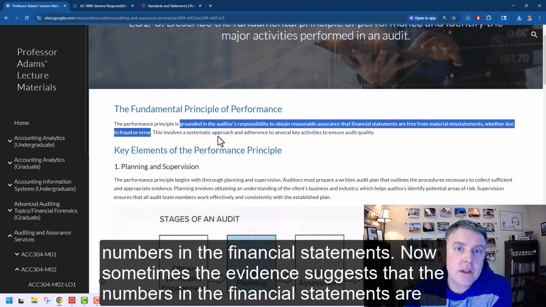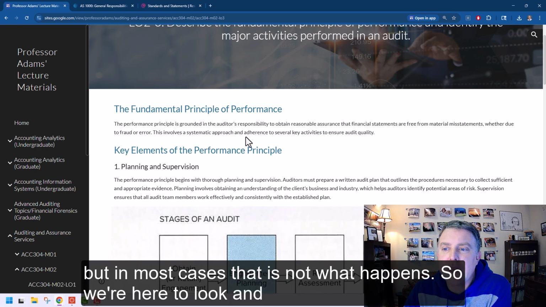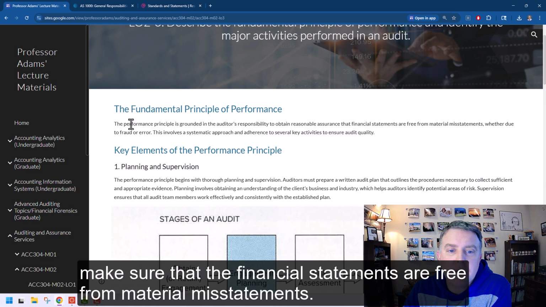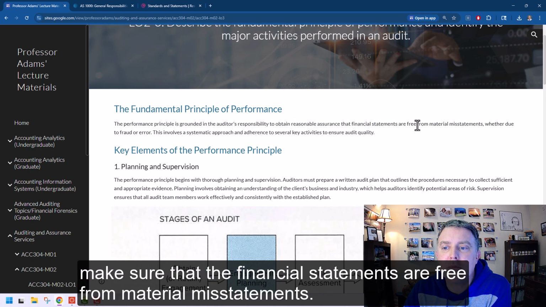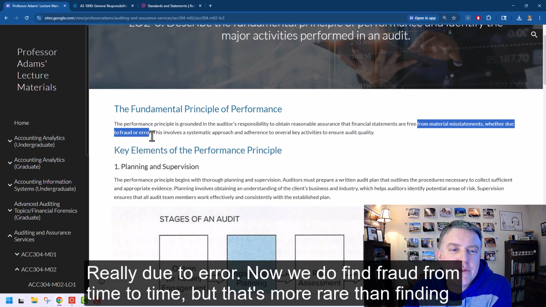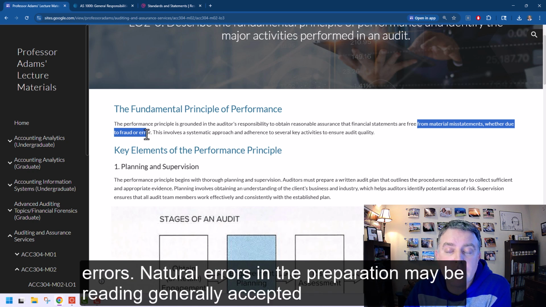Now, sometimes the evidence suggests that the numbers are fraudulent, but in most cases, that is not what happens. So we're here to make sure that the financial statements are free from material misstatements, really due to error. Now, we do find fraud from time to time, but that's more rare than finding errors.